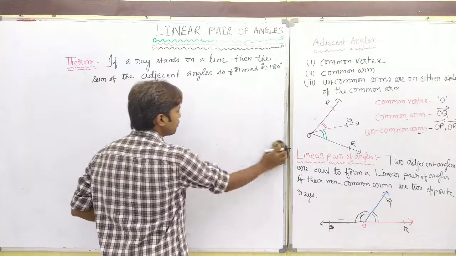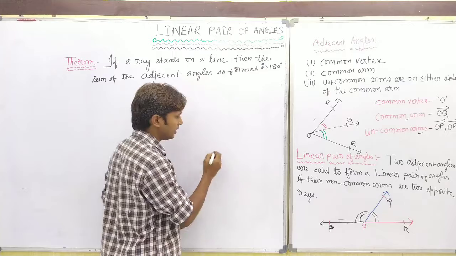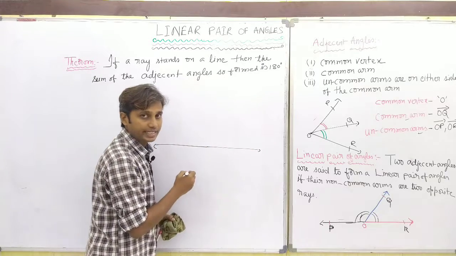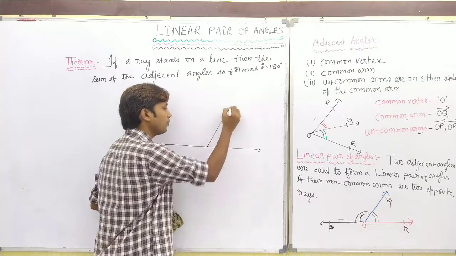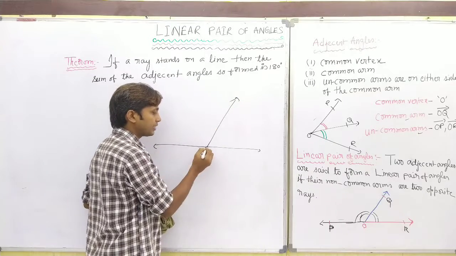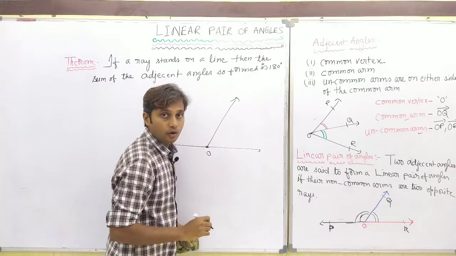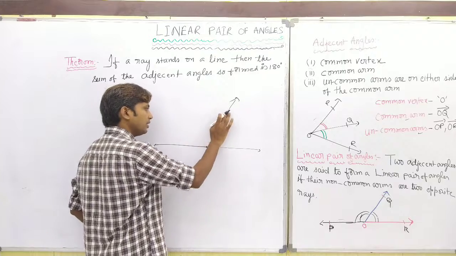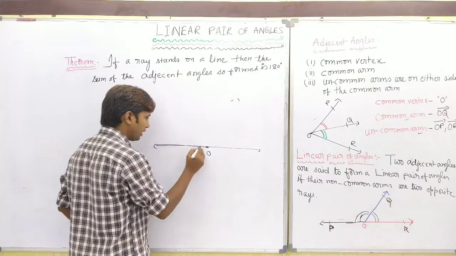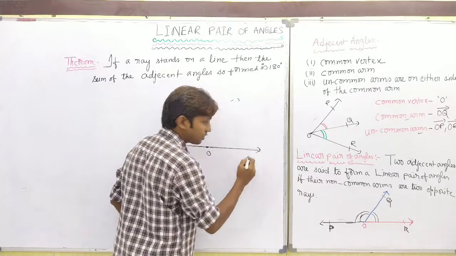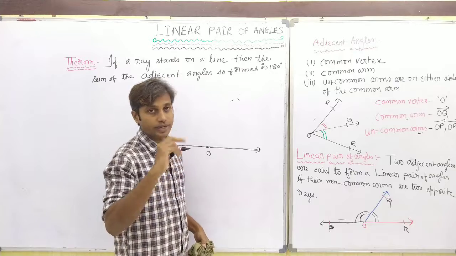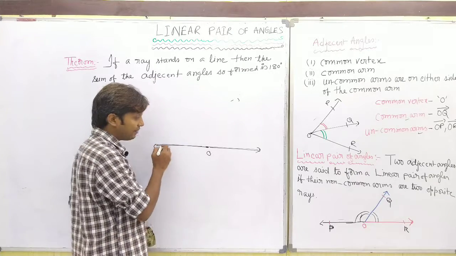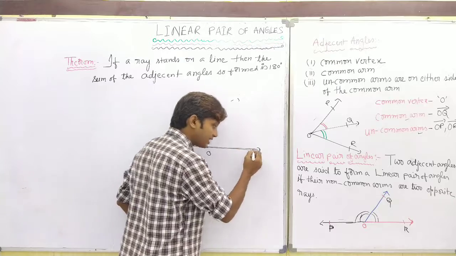Now, I want to do one more small observation. Just see here, guys. This is one ray, and this is exactly an oppositely directed ray. Now, this is one more ray, drawn from the same vertex O. Here, I'm asking you one question. These are two rays, but can we consider this as a single straight line?